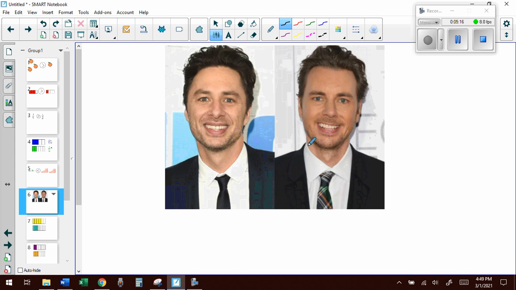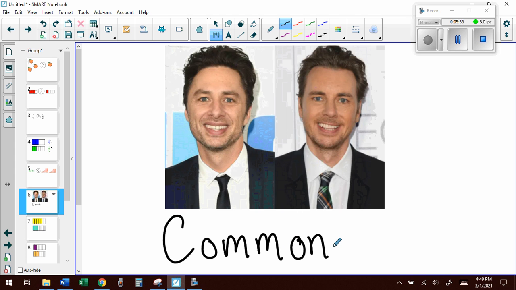They both have a start of a beard going. They both have high hair with a little bit of wave to it. Their eye color is kind of the same. The shape of their head is the same. They have things in common, which means that they have similarities, but they're not the same person.